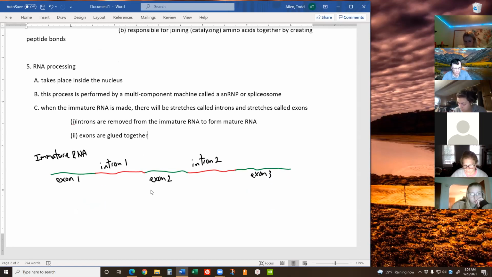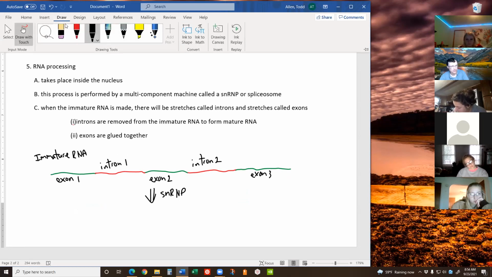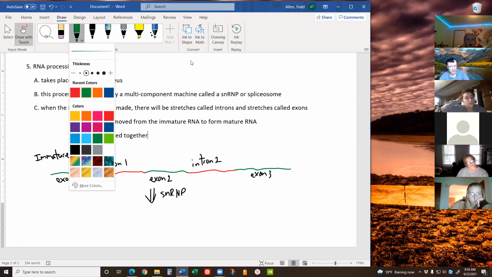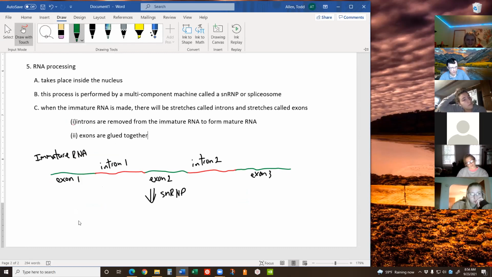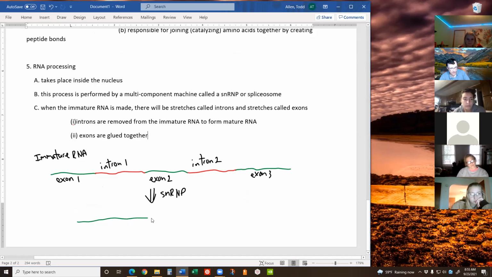Then I'm almost out of space here, but what will happen is the SNRP will get busy doing its biochemical activity here. And you will literally remove the introns using chemical processes that we're not going to try to simulate, and end up with a molecule that is now physically shorter in length because you've removed the introns.